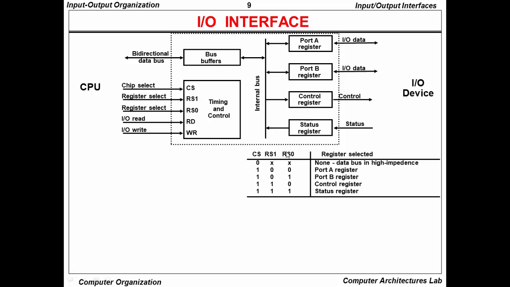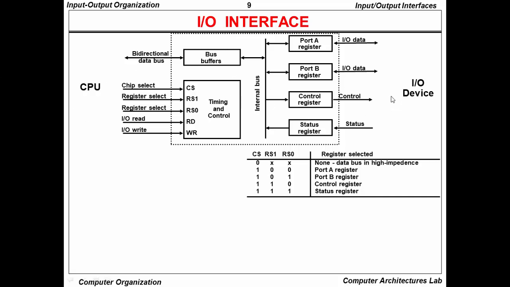That means, based on this control information, the different registers are going to be used. It is based on the requirement of the processor or the IO devices, and what kind of data is going to be available.